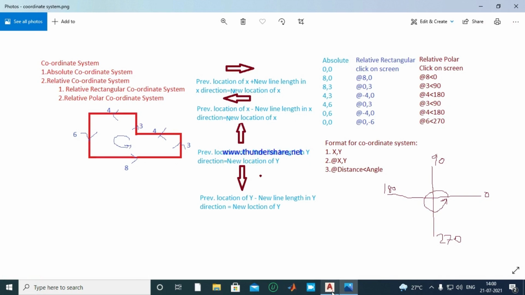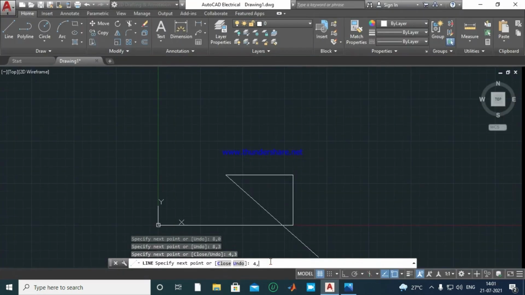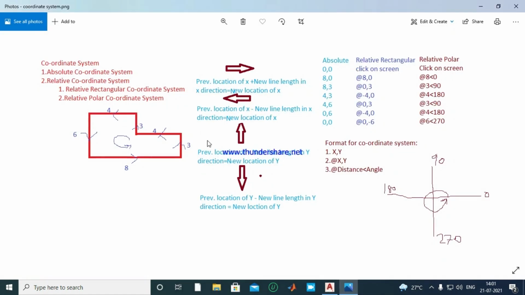If I am using the absolute coordinate system, then I need to consider the previous value of y. For the upward direction, the value is calculated as the previous location of y plus the new line length in the y direction, which gives the new location of y.